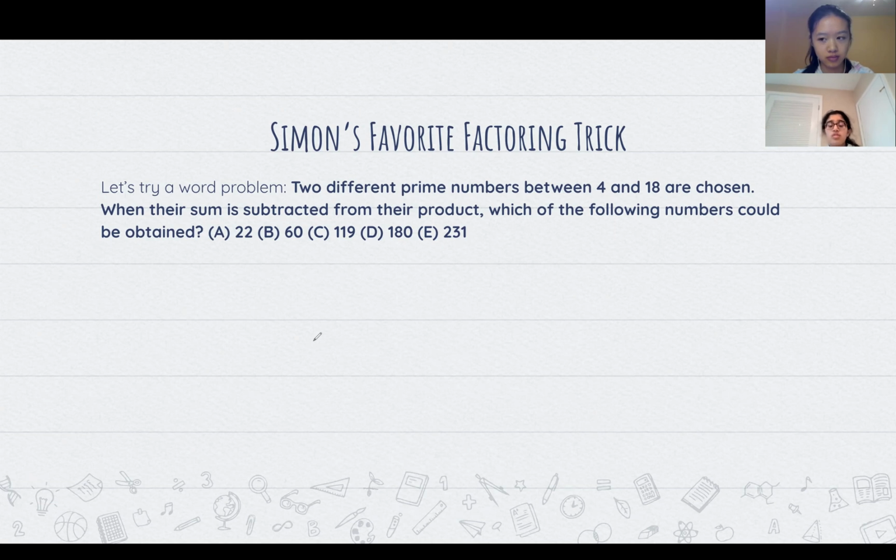So let's say that the two different prime numbers are x and y. So we want to have an equation.